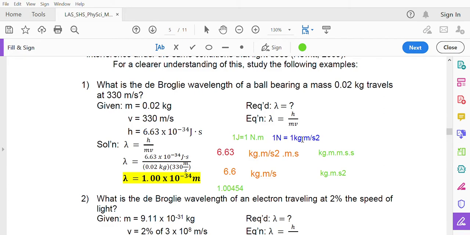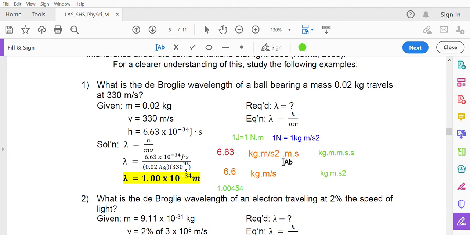But 1 Newton is equal to kilogram meter per second squared, and we carry the meter. And then this second comes from here, the joule times second. That is why the numerator's unit would be kilogram meter per second squared times meter times second, and the denominator's unit is kilogram meter per second.